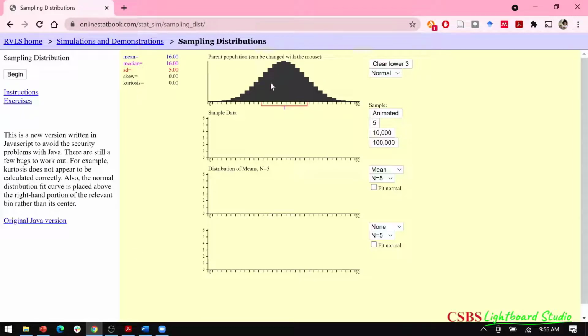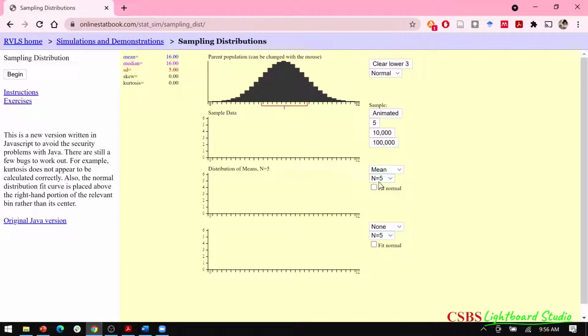Up here at the top, we have a population identified. It is normally distributed. Over here, there are different things I can do. This is how many times you want it sampled. Down here, I can decide what size I want.